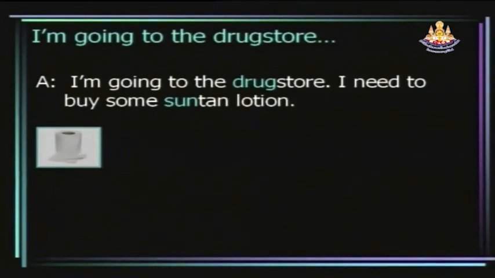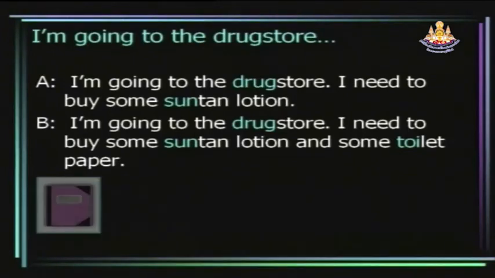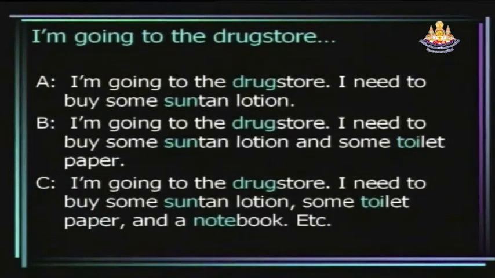For example, I'm going to the drugstore, I need to buy some suntan lotion and some toilet paper. Student number 3, I'm going to the drugstore, I need to buy some suntan lotion, some toilet paper, and a notebook. So you go around the class and see how many different things the students can buy, and you end the game when the students forget one of the items. Well, I guess for us, in a class of 50 students, we need a supermarket, not a drugstore. Very good. Then we should go to the supermarket.